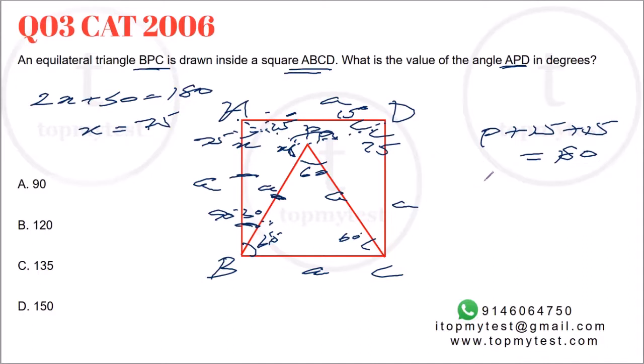Which means P should be equal to 150. Job done. Because equilateral triangle inside a square, both of them are symmetrical figures, we can exploit the symmetry, and we had to use the property that angles opposite equal sides are equal. Beautiful use of this concept.